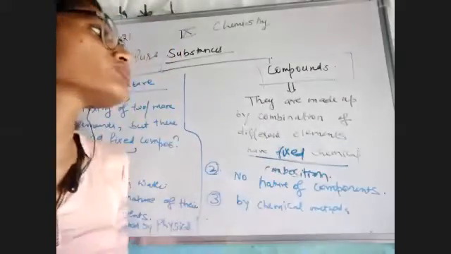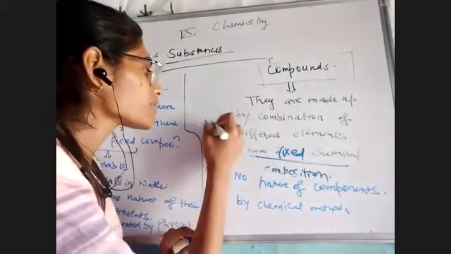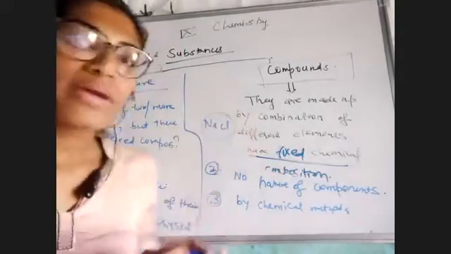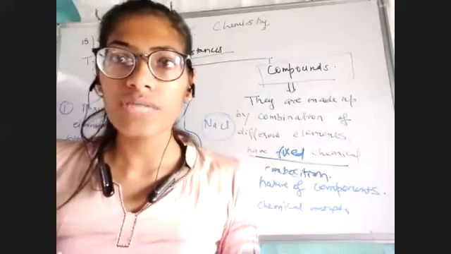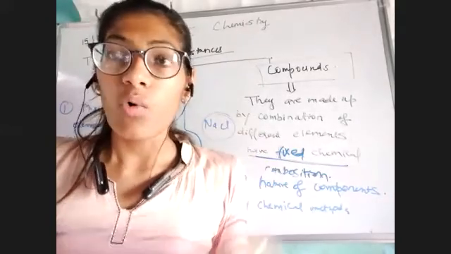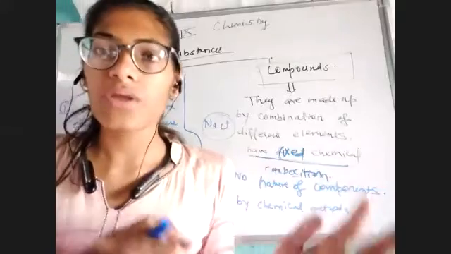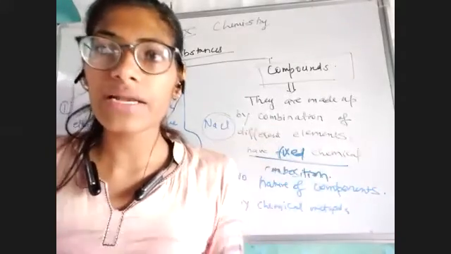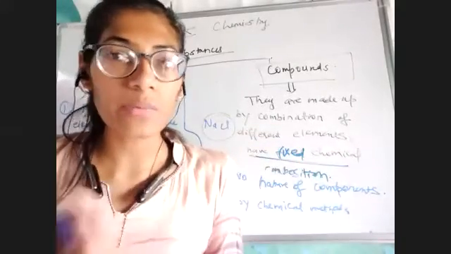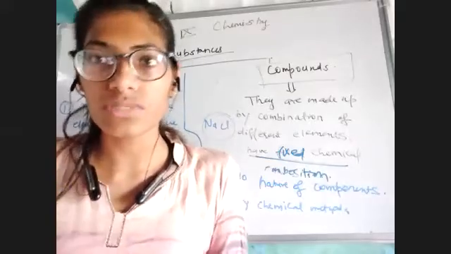But in compounds there is nothing like that. Like if I'm talking about sodium chloride, if I heat it, will the sodium and chloride separate? No, that's impossible. And if I try to filter it with the help of a sieve or something, or sediment it, would the sodium and chloride be separated out? No, it's not even possible.